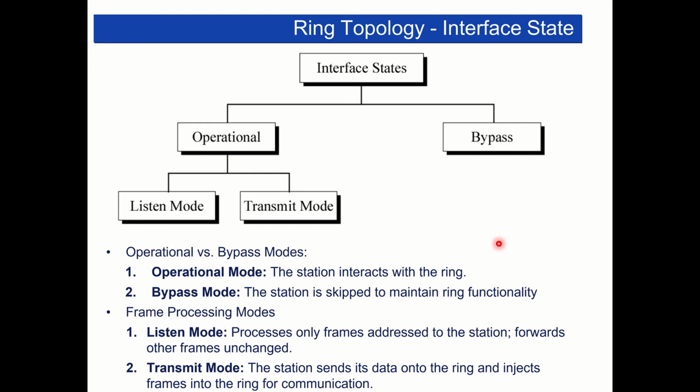So let us look at the interface state. As we know, the interface of the ring topology is active, but it can be divided into two main statuses, which are operational and bypass. Under operational, we have the listen mode and also the transmit mode.